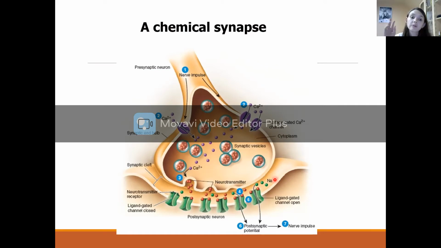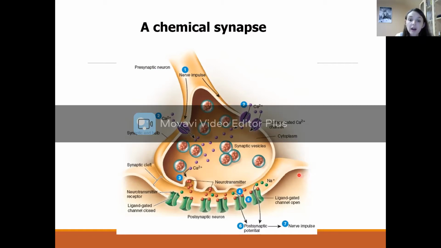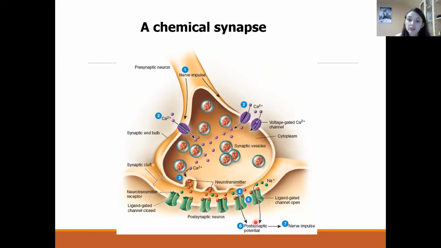It means it will have a higher level of potassium and a low level of sodium, and this neurotransmitter will bind with the receptors of the postsynaptic membrane. This will lead to the opening of the ligand-gated channels, and as a result, the postsynaptic potential will be produced, and transmission of the nerve impulse.